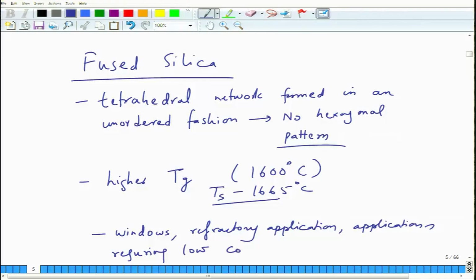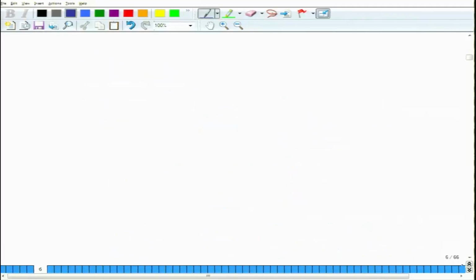So, this is the 3D network of the tetrahedra, not arranged in an ordered fashion, but in an unordered fashion.